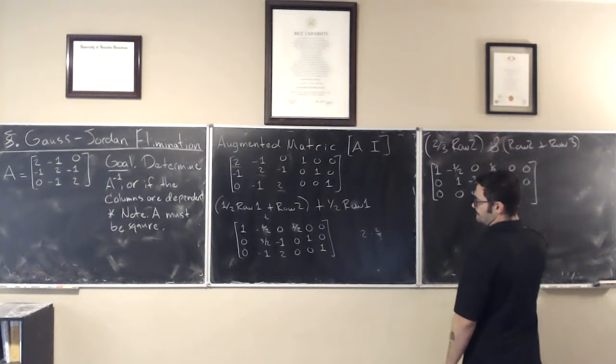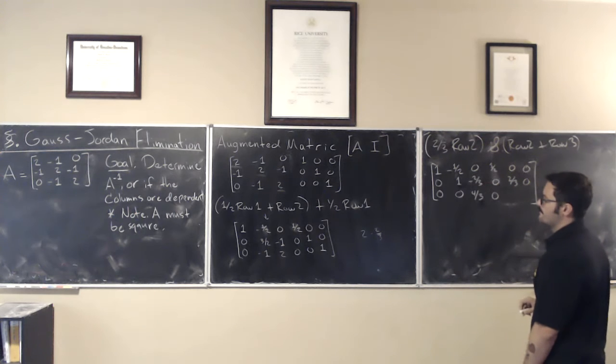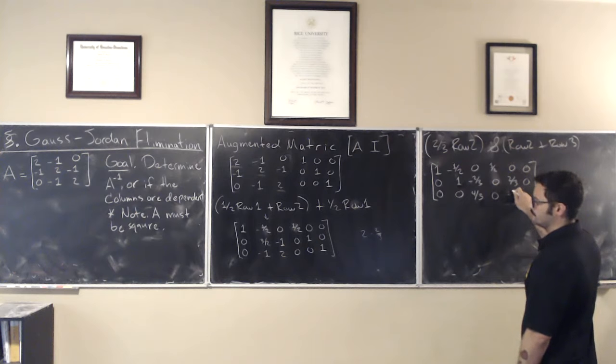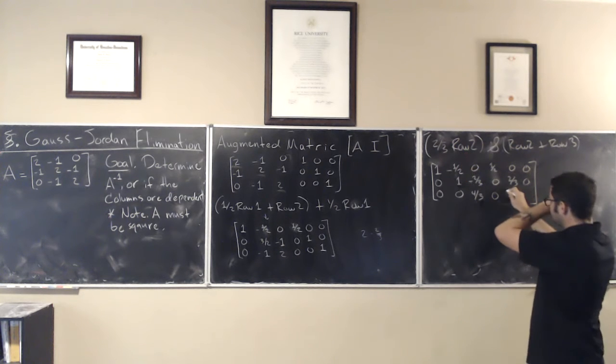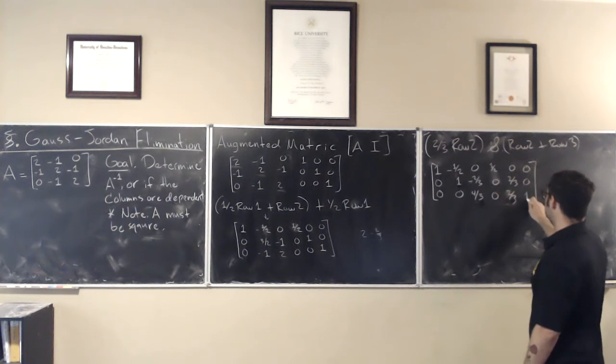And there'll be a 0 right here. And then there'll be 2/3 here. No. What is it? 2/3 times row 2 plus row 3. And then there'll just be a 1 right here.